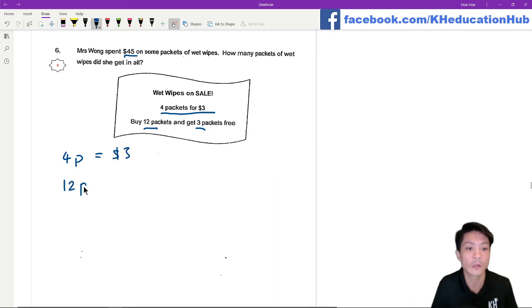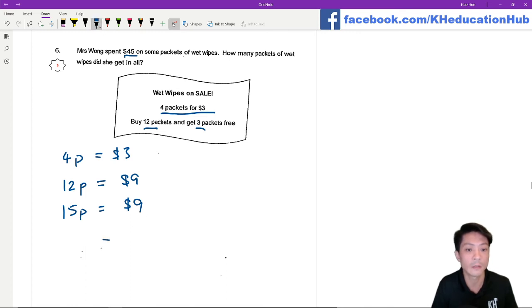If you buy 12 packets, it's gonna be multiplied by 3, it's gonna be $9. Okay, but when you pay $9, you get 3 packets free, which means that in fact 15 packets cost $9, right?